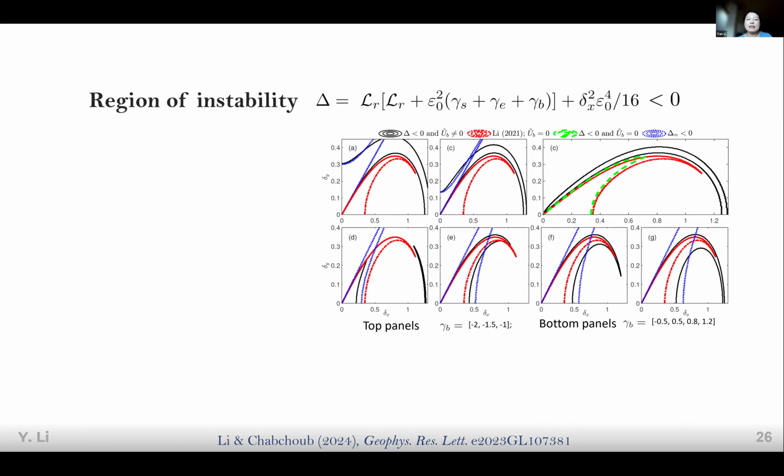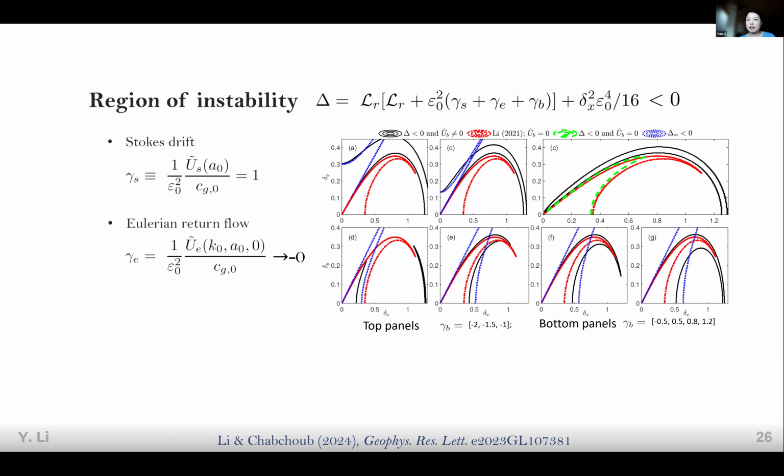Especially when we're describing the region of instability as given with this inequality, this delta is composed of the bandwidth, included in this LR term, and the delta X corresponds to the bandwidth in the direction of the wave propagation. And also the Stokes drift, which you can consider in this particular equation being unity.